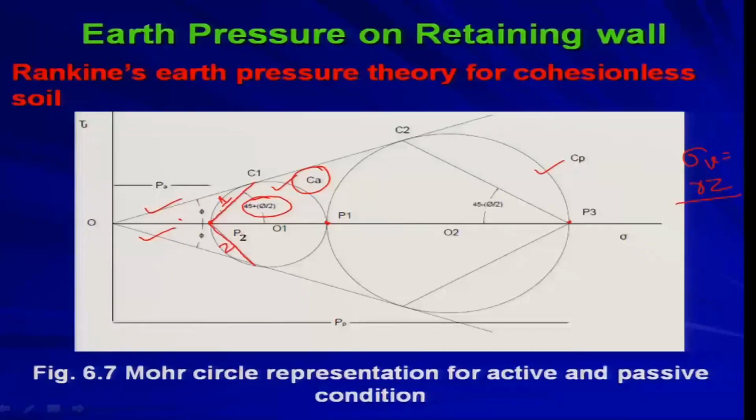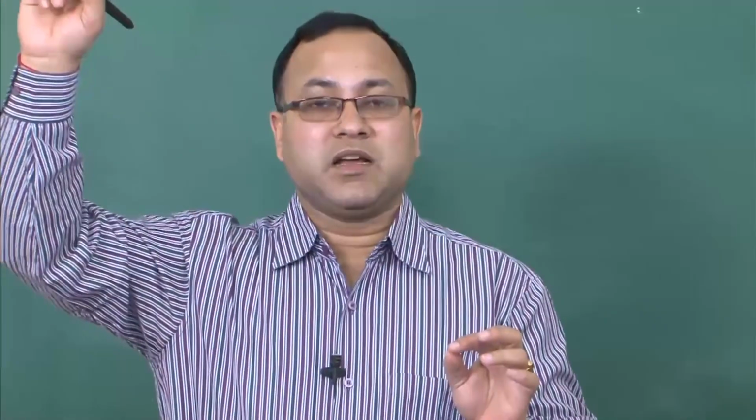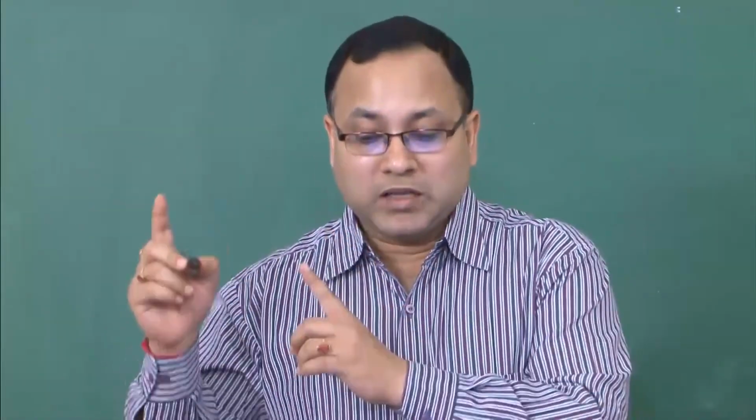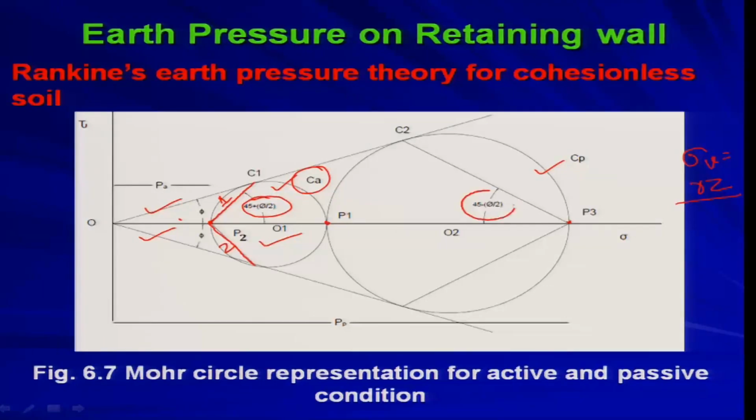This is your first shear line, which is making an angle 45 plus phi by 2 in case of active state. That is why you are getting the failure line which is making an angle 45 plus phi by 2 with the horizontal. But on the other side, in case of passive state, you are getting this angle as 45 minus phi by 2.